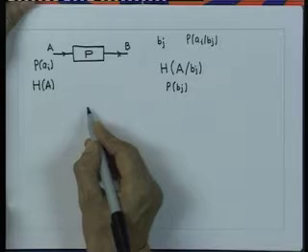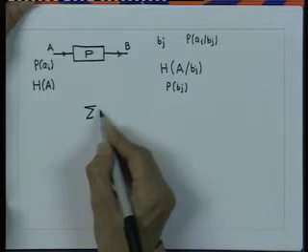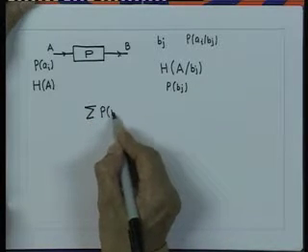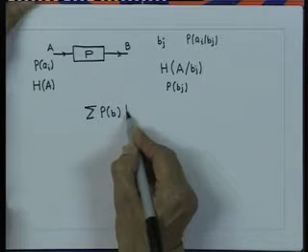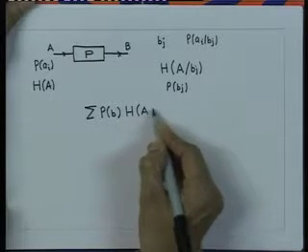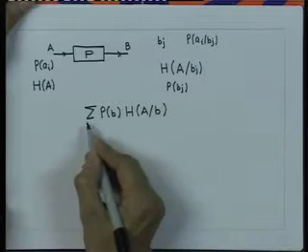So, what we expect the average value to be is P(B) H(A|B).